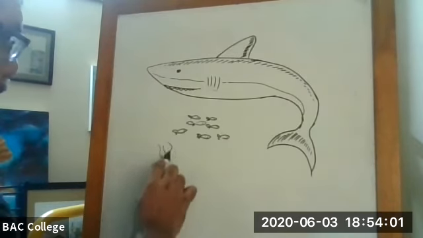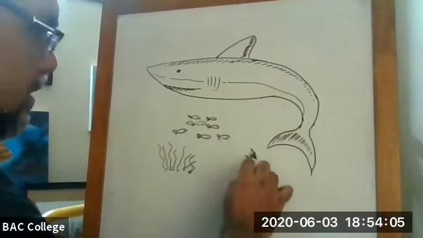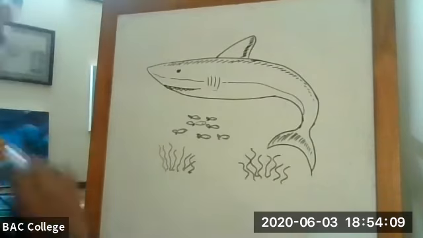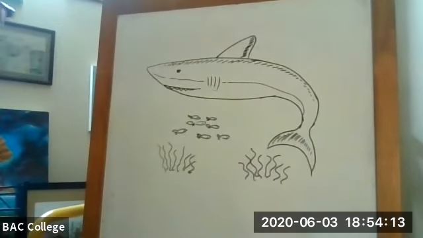You can draw some seaweed growing at the bottom of the sea. Okay, right. So then later on, if you have time, you can color it. Okay, you can color the fish. Are we all right? Good? Okay.